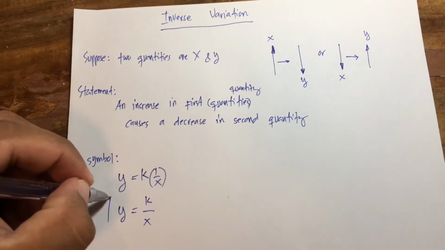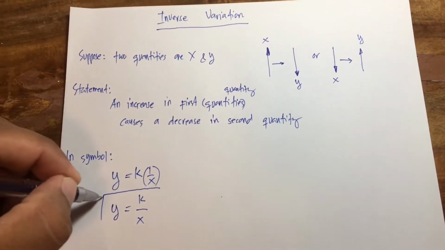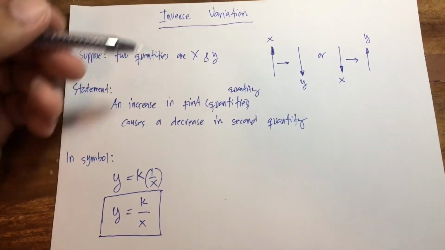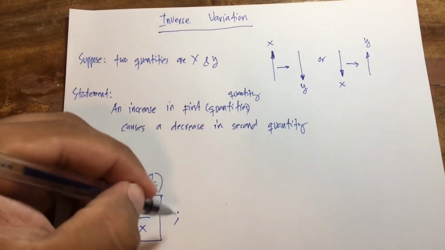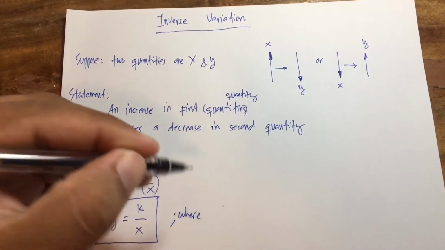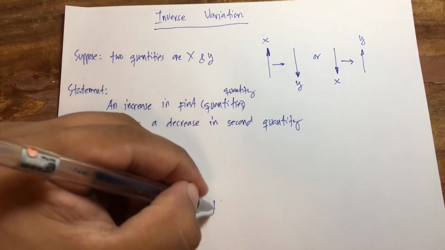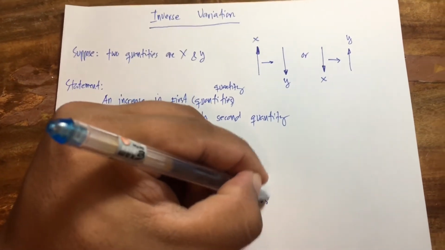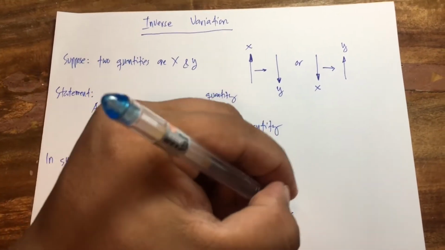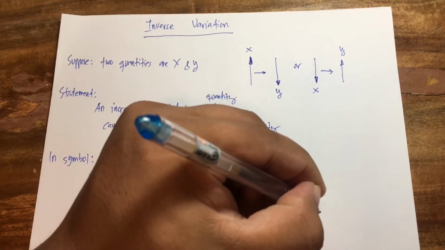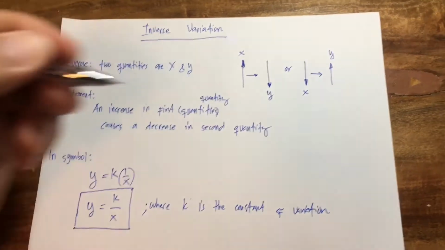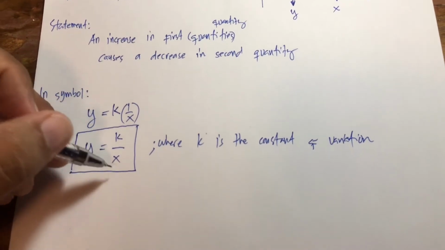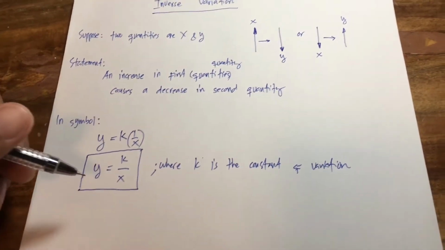This is commonly used as the model for inverse variation, where of course k is the constant of variation. Okay, so y equals k over x.